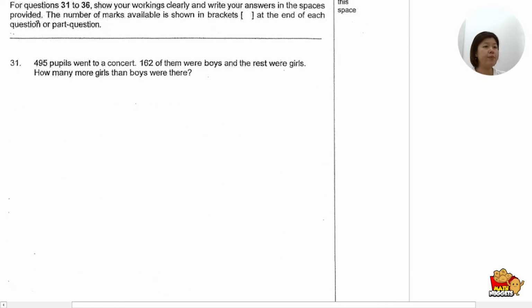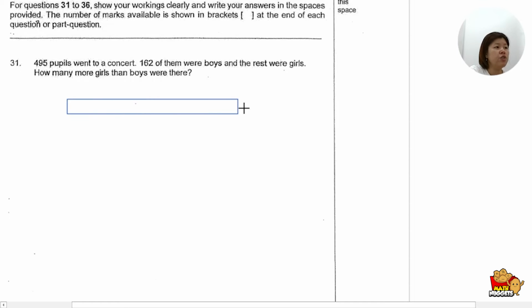Okay, now it's a problem sum. 495 pupils went to the concert. 162 of them were boys and the rest were girls. So you're supposed to find how many more girls than boys. So just draw a long bar and then you indicate the total is 495. And this is boys, this is girls.